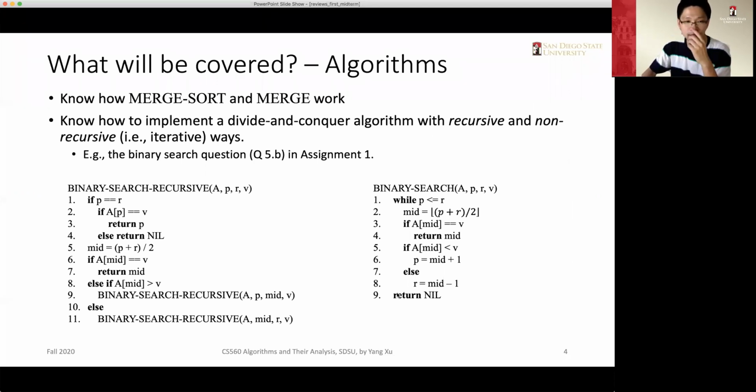I already put a solution to the binary search problem here, but I'm going to include a more detailed one later today after the lecture. These are things you need to get familiar with.